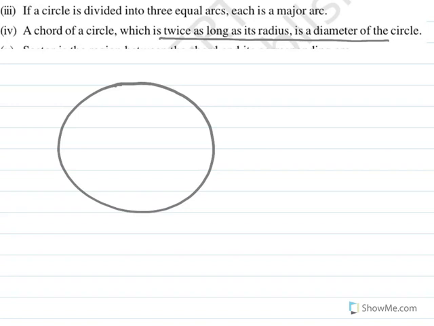A chord of a circle which is twice as long as its radius is diameter. So here we have a circle, and what is the diameter? This is the center, and if I draw the diameter, see every diameter, this diameter says A and B. It is made up of here one radius and another radius.